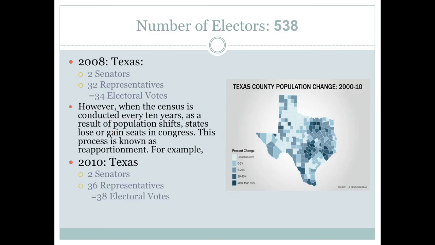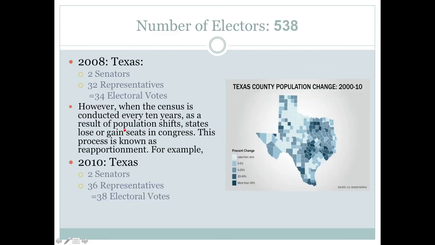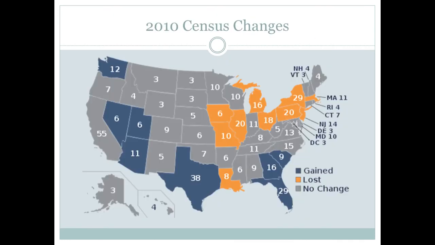So if Texas gained 4 representatives, and this full number of representatives didn't change, what do you think had to have happened somewhere else in this country, in another state? If you guessed that another state probably lost, then you're right. Because look, the map that I was showing you earlier, that shows you how many electoral votes each state has, also shows you what changes came. The ones in gray did not change.